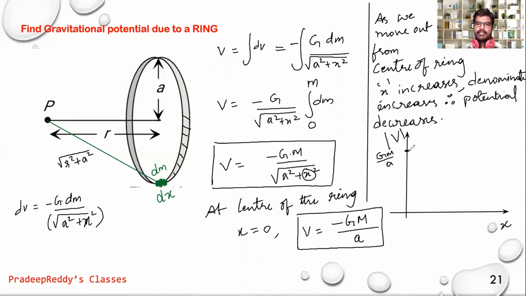Therefore, potential decreases. As a result, you can get a graph like this. It goes on decreasing, and when x is equal to infinity, something by infinity becomes zero. So gravitational potential at that point will become zero. So gradually, the gravitational potential decreases as you move away from the ring.